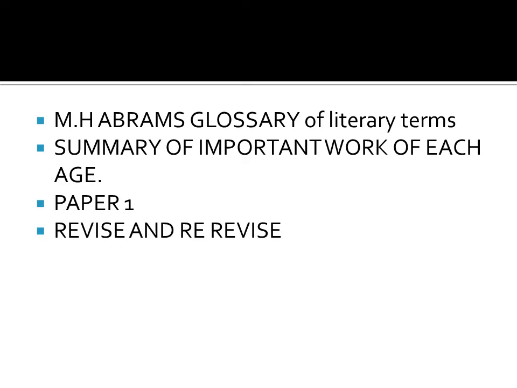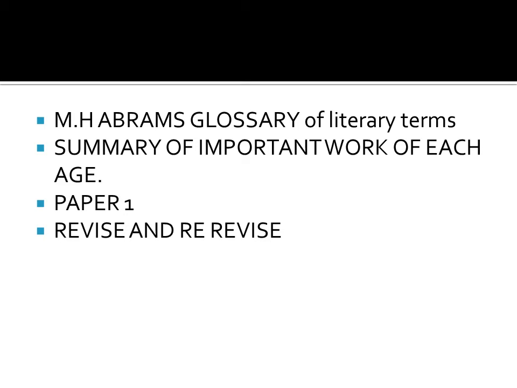Next, prepare a summary of important works of each age. As I have already told you, just knowing the works and their authors of each age is not going to help you. You have to write the summary of important works in 10 to 15 sentences. So, in the week before the exam, when you take out that book, you should be able to recollect the important events in it in some 10 to 12 sentences.